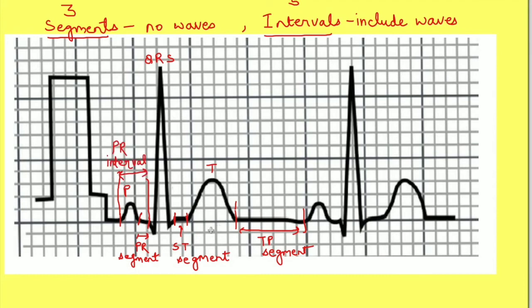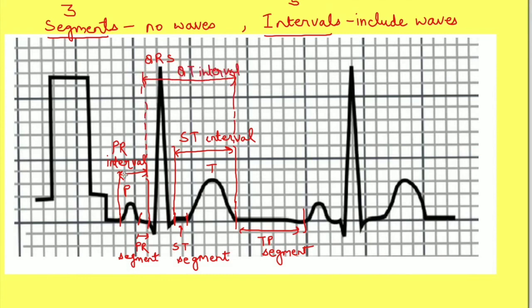ST interval is from end of QRS complex to end of T wave. So it is including the T wave. While QT interval is from beginning of QRS complex to end of T wave. So that means from here, beginning of QRS complex, to end of T wave.